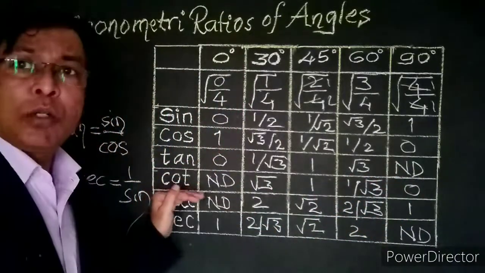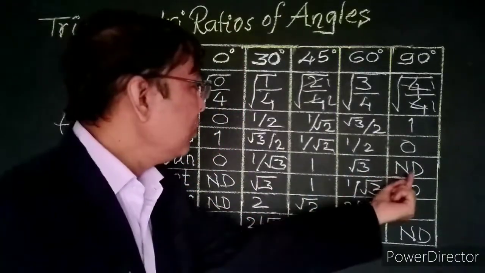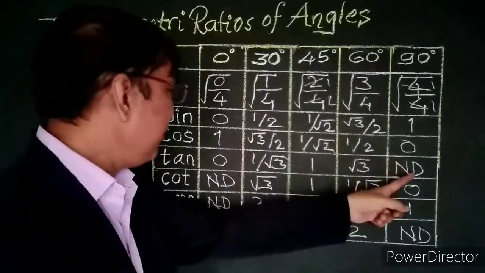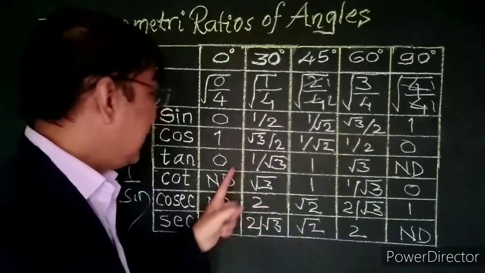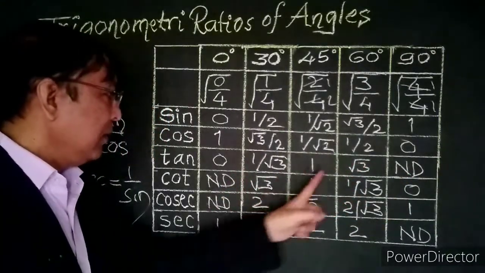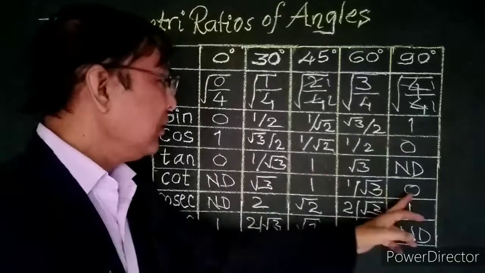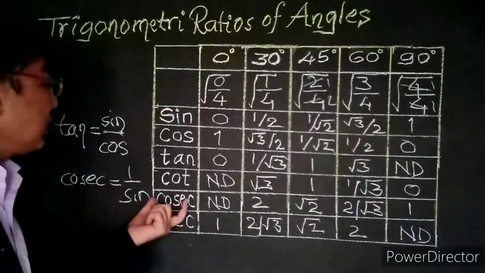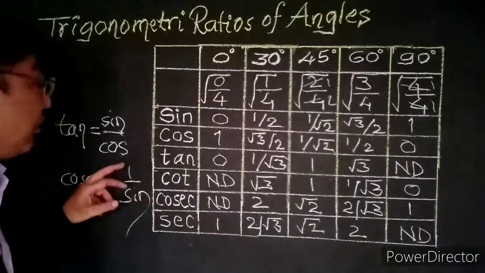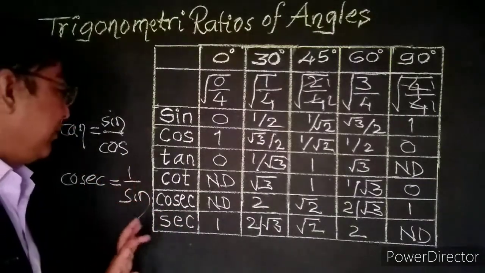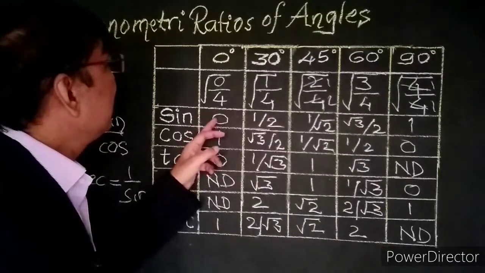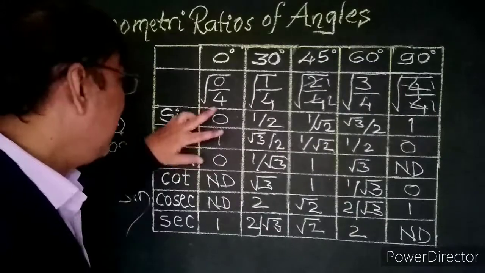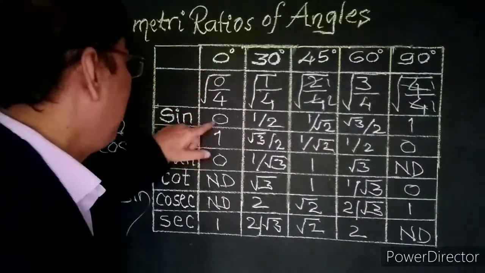To get the cot values, just we have to reverse these tan values. Just we have written from right to left, that is ND, root 3, 1, 1 upon root 3 and 0. To get the cosec values, we have written inverse of sine. When sine is inverted, this becomes not definable because 0 upon 1, if we inverse it, 1 upon 0 it will become.